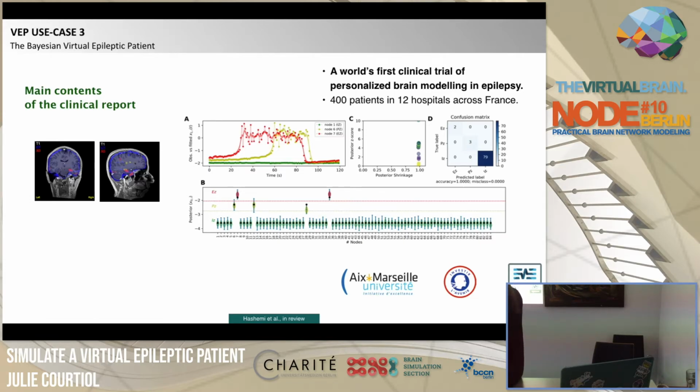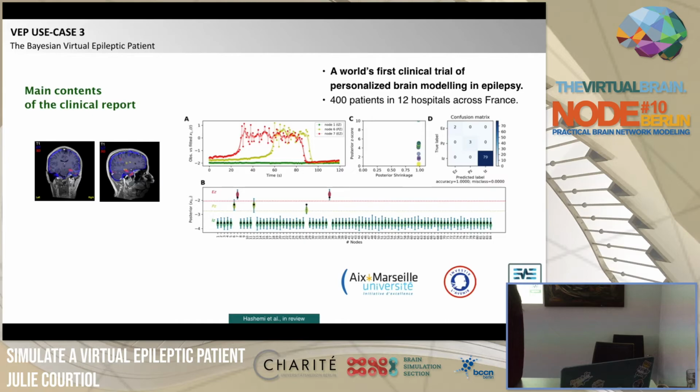So in France, in particular in Marseille, they launched a very huge clinical trial where they will receive more than 400 data sets from patients. They will build these virtual patients, apply this machine learning technique, fit with the SEEG data of the patient, and identify which nodes are from the epileptogenic zone and the propagation zone.